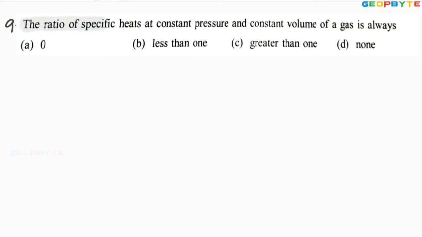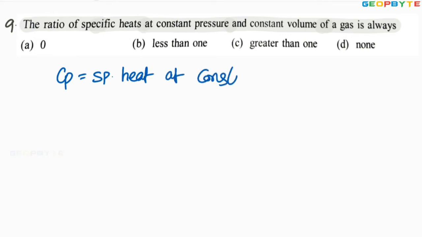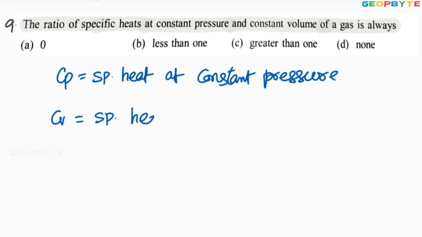The ratio of specific heats at constant pressure and constant volume of gas is always... As you know, Cp equal to specific heat at constant pressure and Cv equal to specific heat at constant volume.